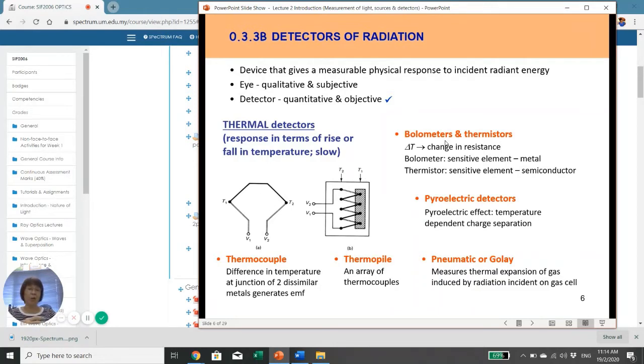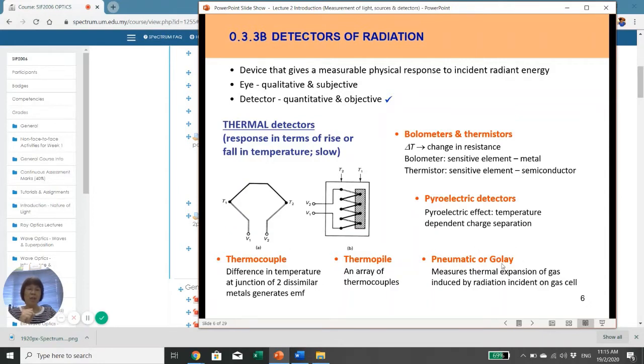Or we have what we call bolometers and thermistors, whereby the change in temperature will bring about a change in resistance, and we measure the change in resistance instead. In bolometers, the sensitive elements are metals. In thermistors, the sensitive elements used are semiconductor materials. For pyroelectric detectors, the temperature is dependent on charge separation.